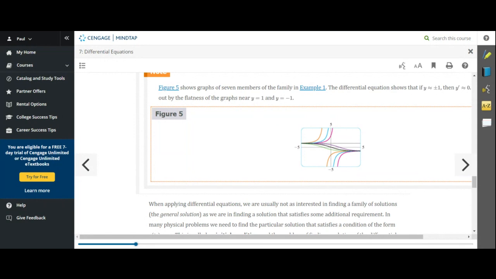For the problem we did, where the family of solutions was y equals (log of x plus a constant) over x, you could let that constant be different values, graph 5 different functions on your calculator, and you'll get a family too. That might give you an image of a family.